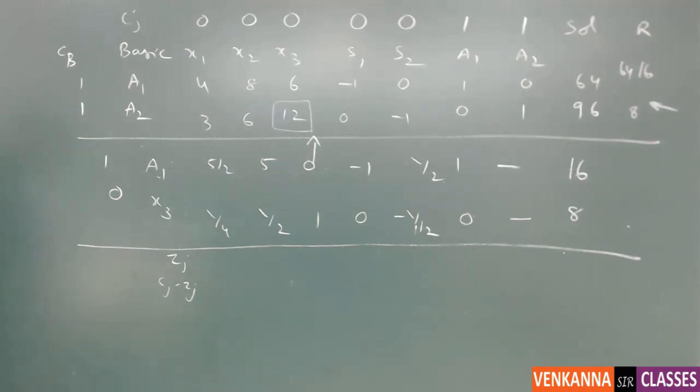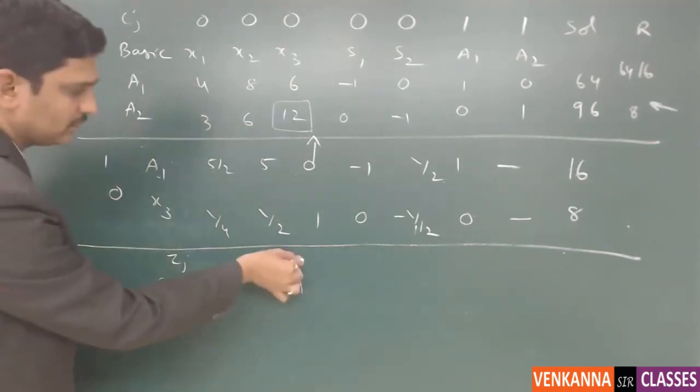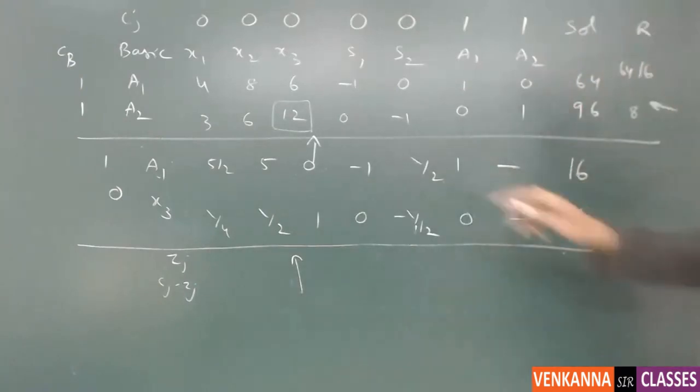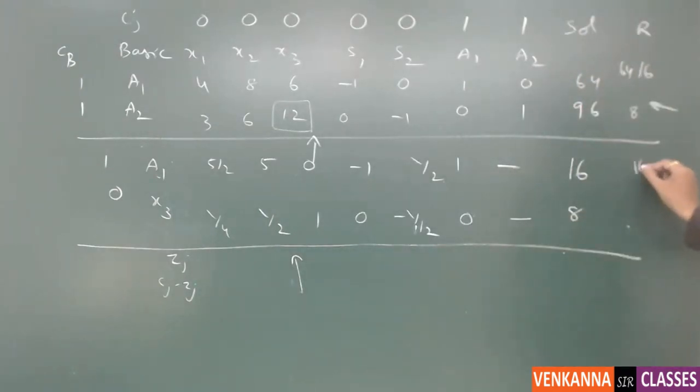X2, right? So this is X2, and to select the pivot element, the solution values are divided with this. So 16 by 5, the ratio, and 8 divided by 1 by 2, so 16.